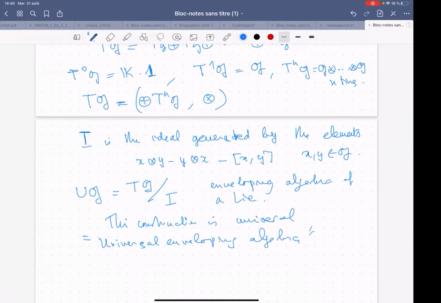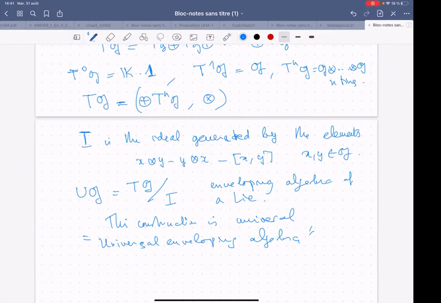In fact, if you take another algebra satisfying the property I mentioned in the beginning, then up to homomorphism, it's the same as this UG. That's what it means.